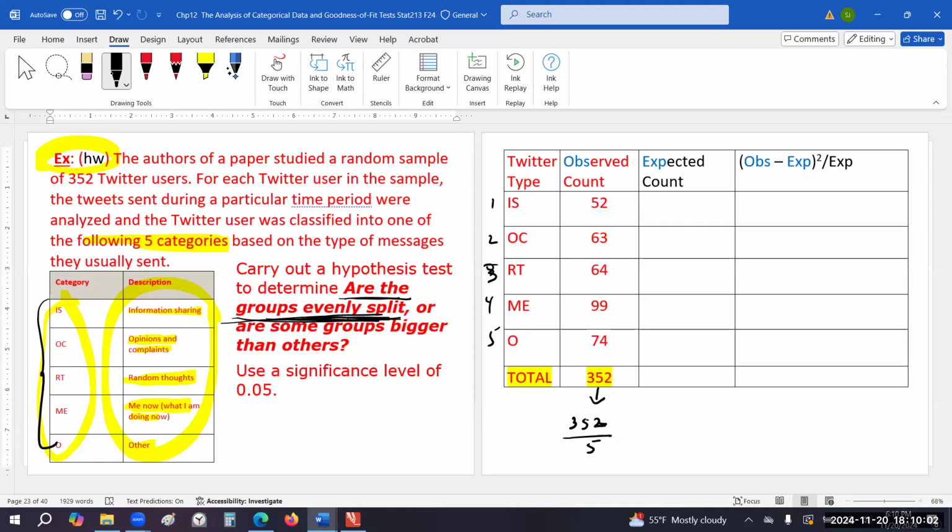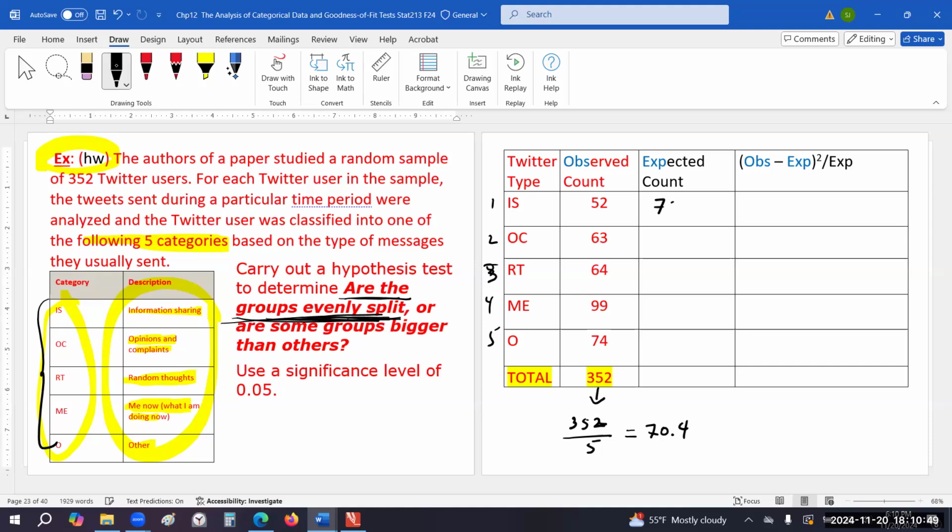So 352 divided by 5, what do we get? 5 goes into 35 7 times, and then 5 goes into 2, so 70, and then we're left with 2.